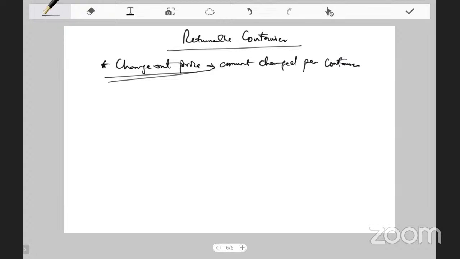That means the money called the charge out contains two values. The two values are the returnable price, or return price, and what we call the hire charge.